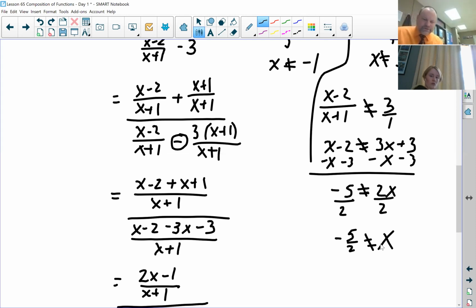And I get X cannot be -5/2. So -1 and -5/2 would be restricted from our domain.